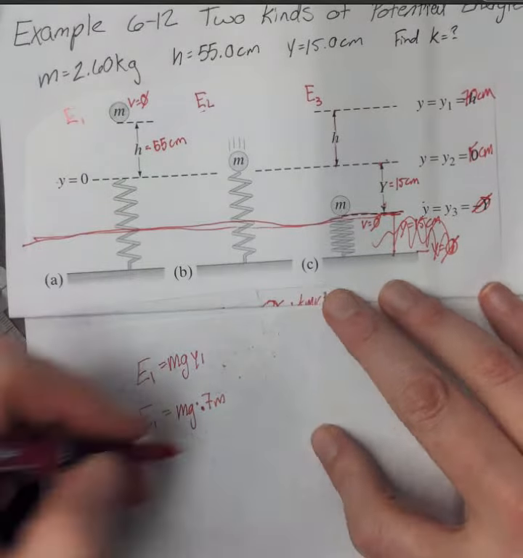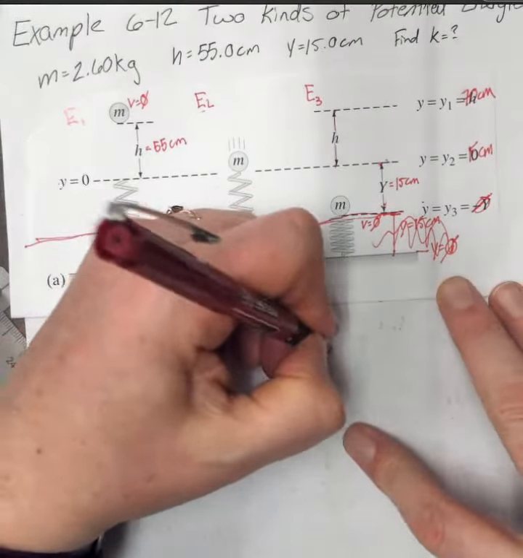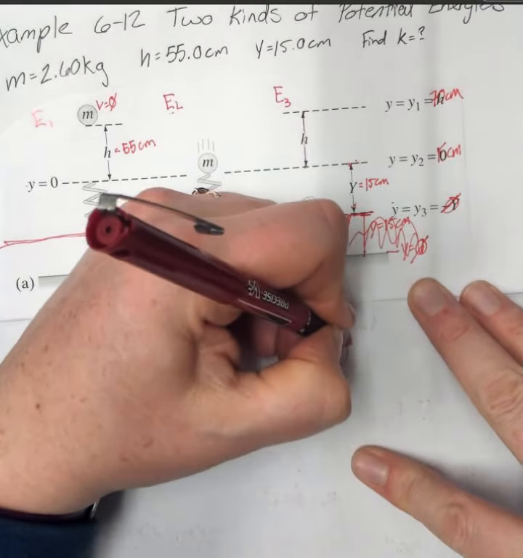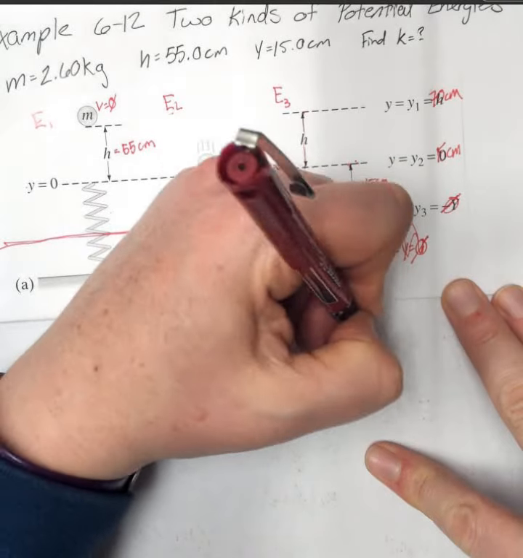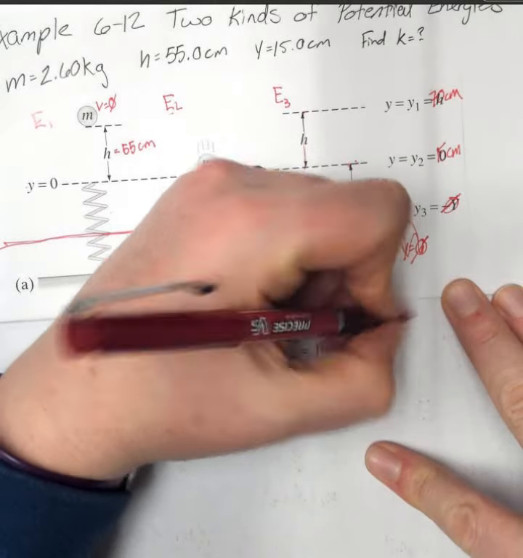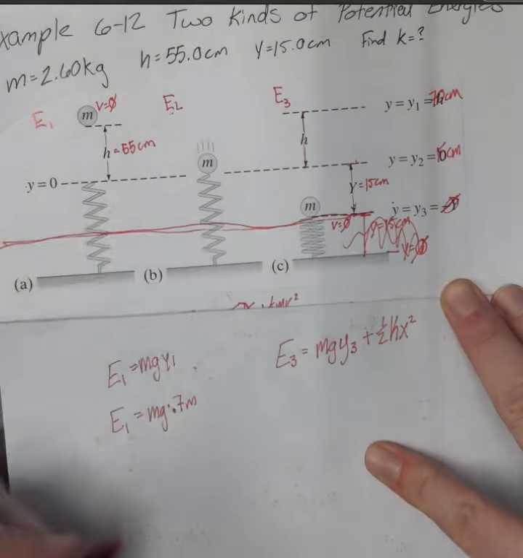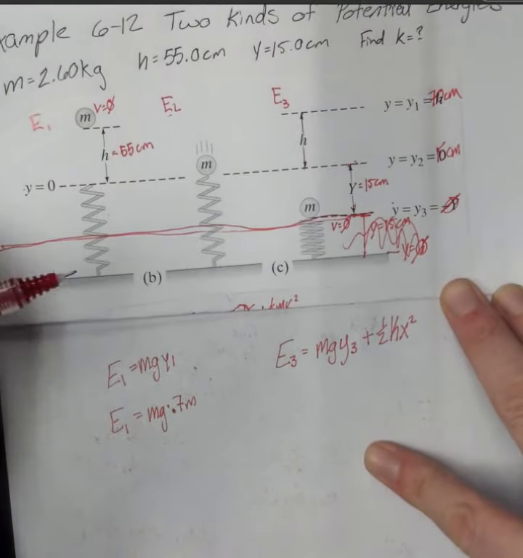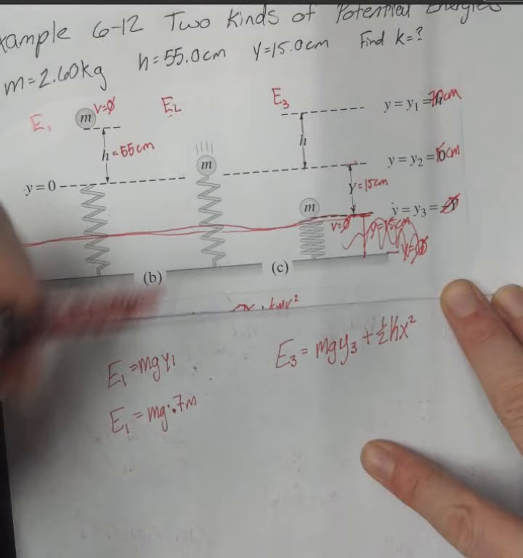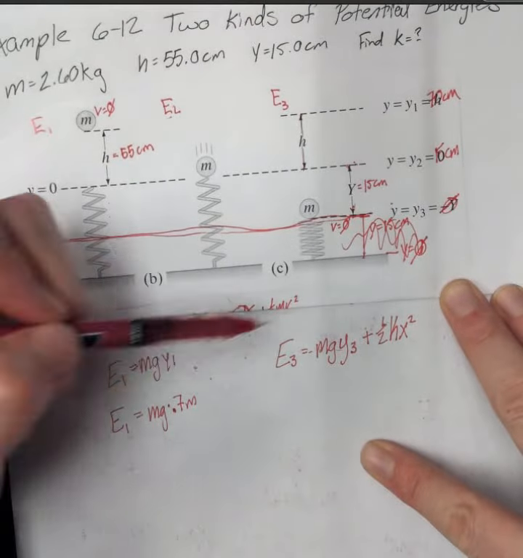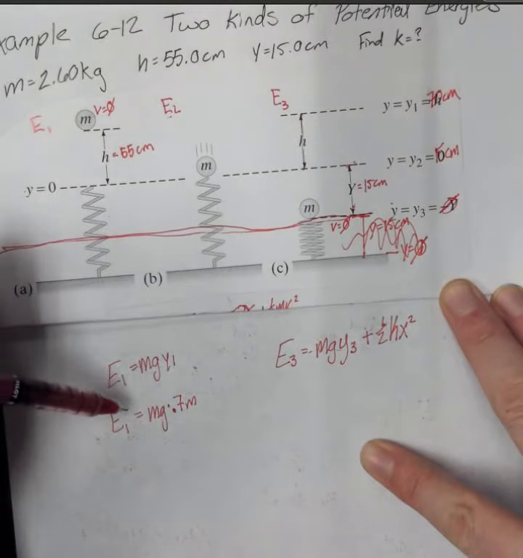Well, what does E3 equal? mgy3 plus 1/2 kx squared. It doesn't matter what the speed of the ball was as it hit. All that matters is that the sum of these two has to equal the same thing that mgy1 equals.